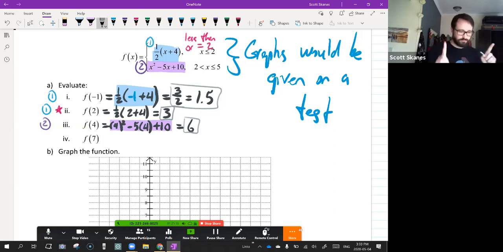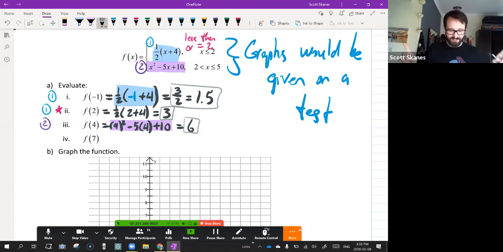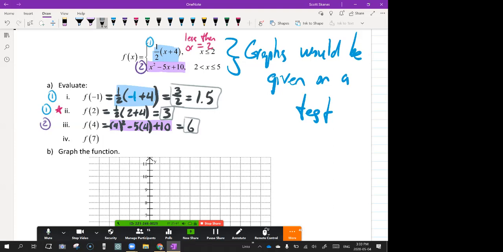Both of them? No, the first one. No, the second one.